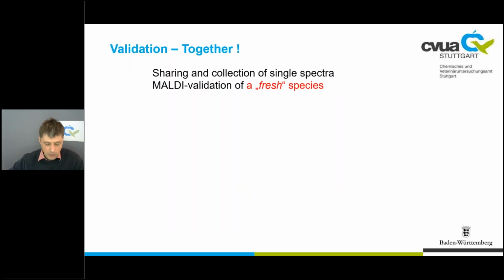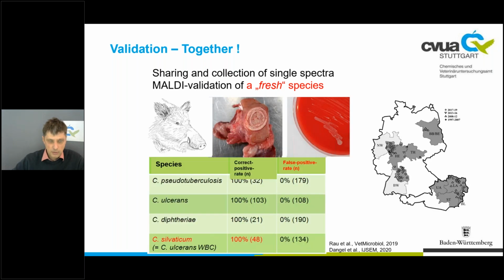In the second example, the sharing of single spectra between 6 labs enables the validation of the MALDI method for a fresh new species. Corynebacterium silvaticum, a close relative of Corynebacterium diphtheriae, is causing onion-shaped abscesses in wild boars.